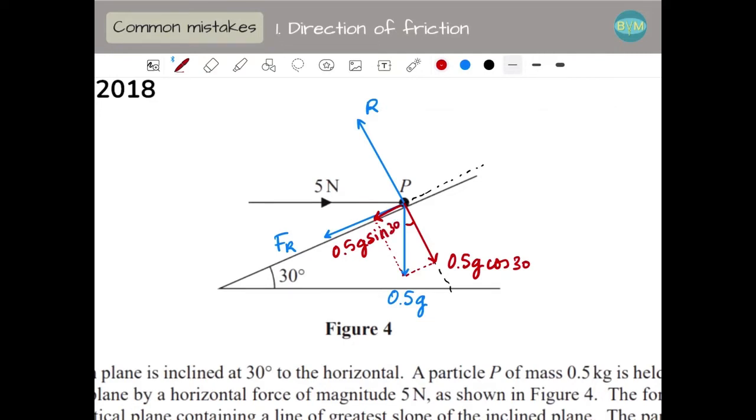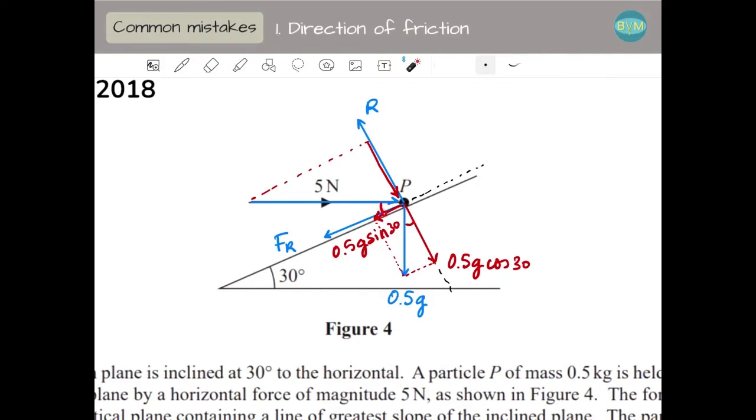But again, we have another force, this one, the 5 newtons, that is in a different direction from parallel and perpendicular to the slope. So I'm going to find the components. I have one component, and this time it is pointing down, because this is pointing this way, so this one will be pointing down, and this angle here is 30 as well, because they are alternate angles.